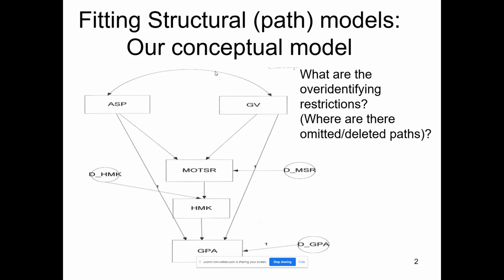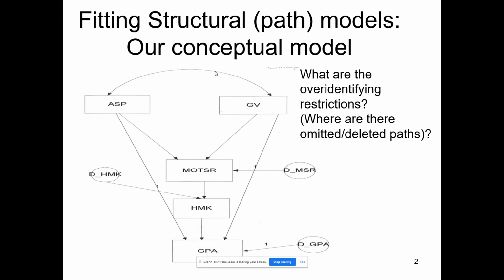The better you think you are academically, the more motivated you're going to be for the subject, and the more motivated you are, the more homework you're going to complete. But once I control for motivation, I don't think there's going to be an independent contribution of academic self-perceptions on homework completion. That's what this lack of direct path is saying to us.